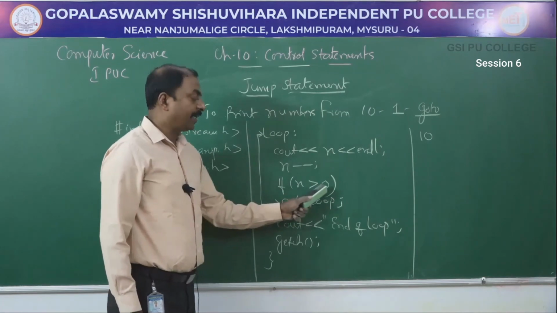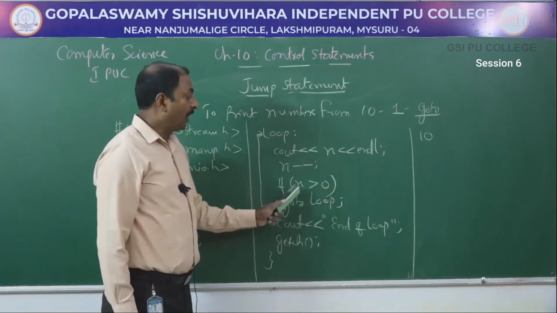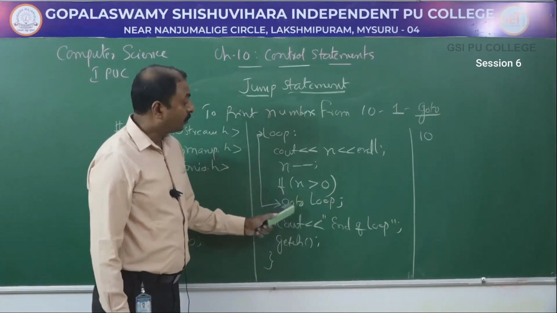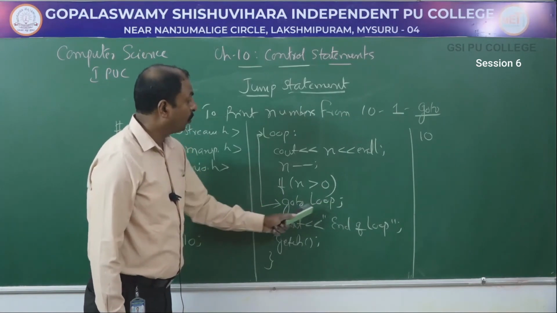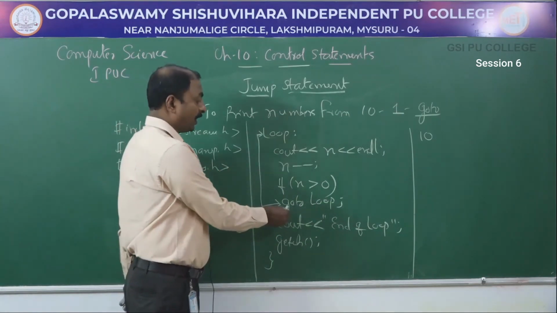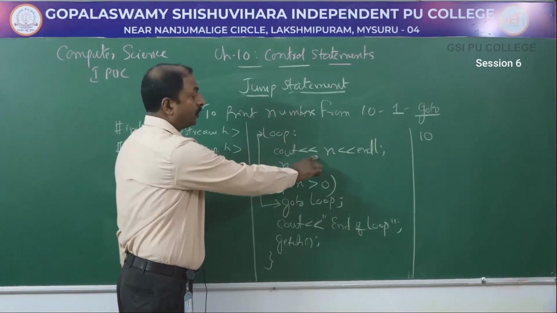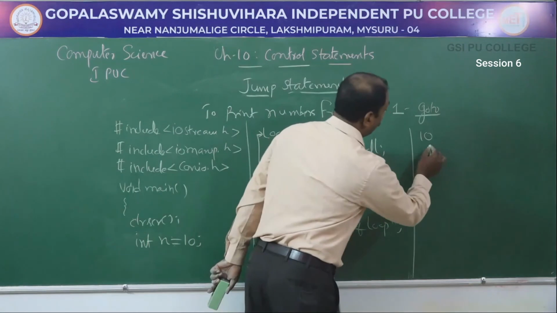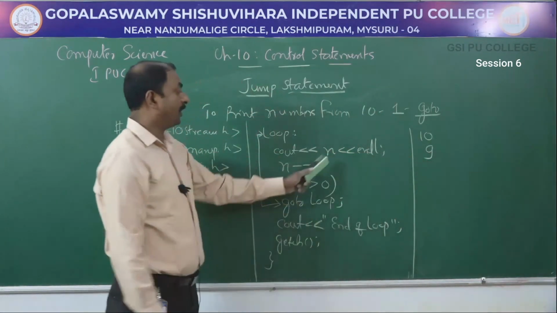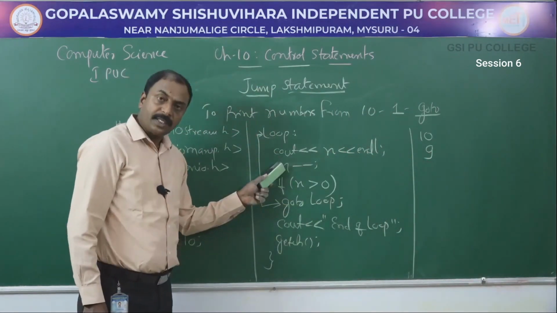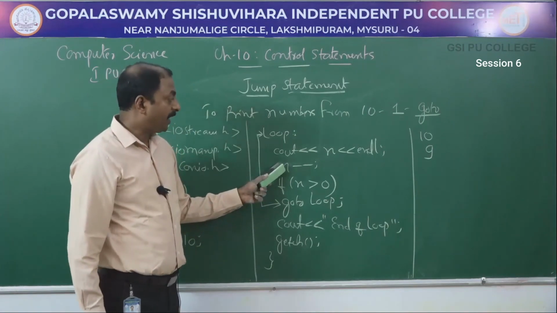If 9 is greater than 0, it is true. If the condition is true, it executes this statement, so it goes to loop. The control transfers from here to this point, so it executes this statement. Accordingly, it prints the value of n as 9, and in this statement the value becomes 8.